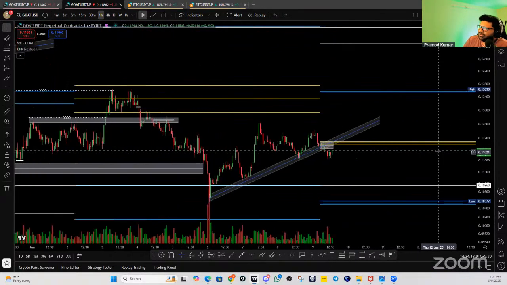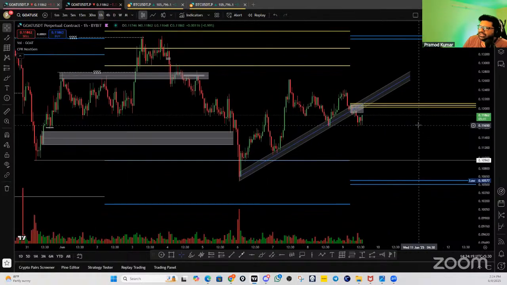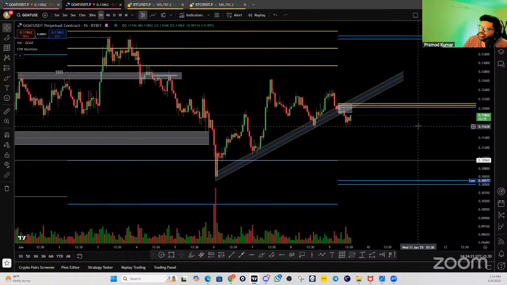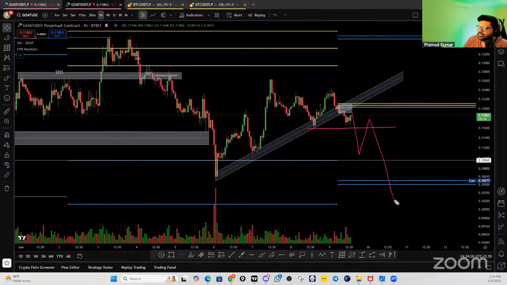But Monday will give the direction. Just wait. Today's closing, you will come to know. If the market closes below this, then wait for the retracement. If the market goes back and closes above this, then next day, all these tokens are ranging now. But we'll get a good move once we get the breakout.